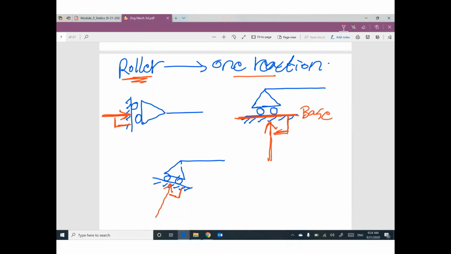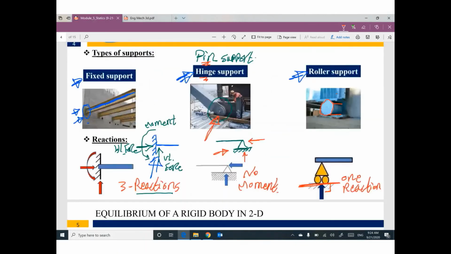We have three kinds of supports: fixed support, hinge, sometimes called pin support, or roller support. If you have fixed, we have three reactions: one vertical, one horizontal as a force, and one moment. Moment looks like a circle, like this.